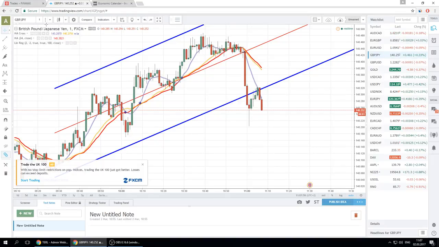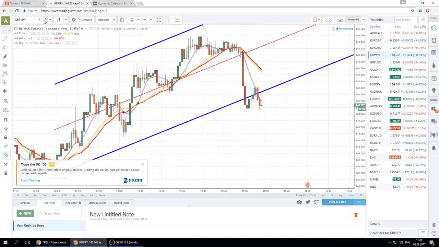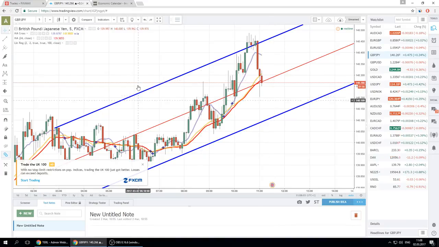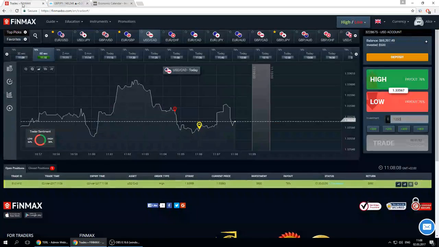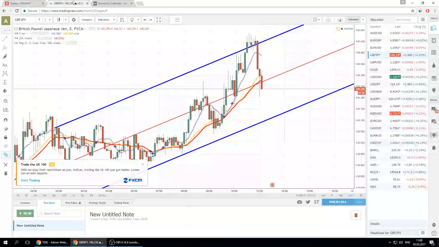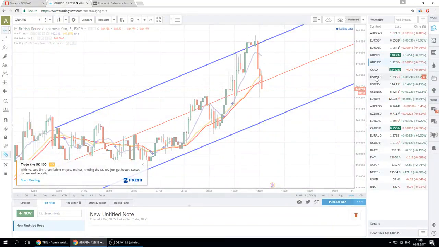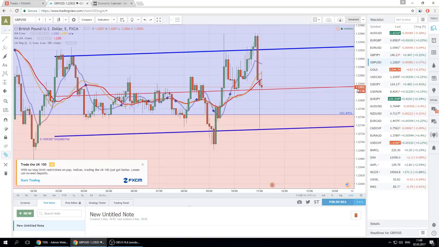As we see today, right now, British pound is showing us a downtrend, moving down. Okay, this one is in the money. Pretty high volatility. You see what a long tail this candle has.